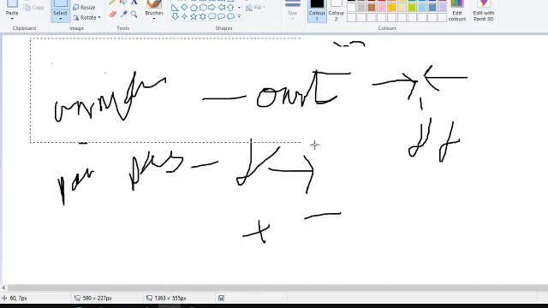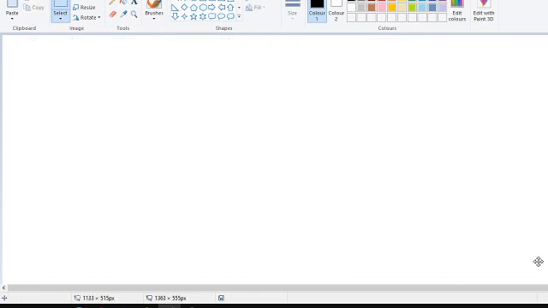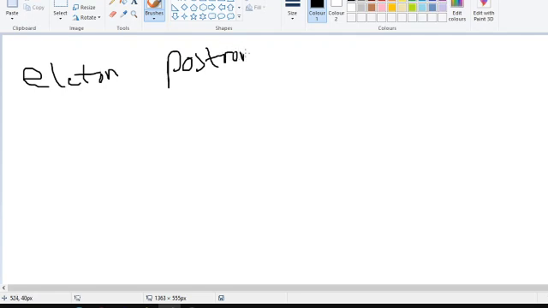So what are antiparticles, you may be asking? Here they are. For the electron, it is the positron. For the proton, it is the anti-proton.